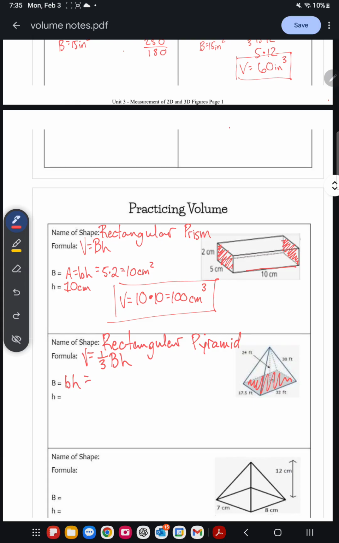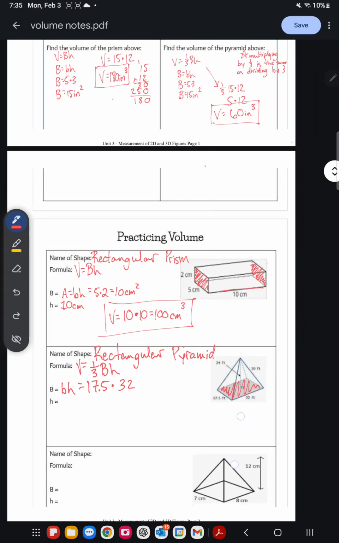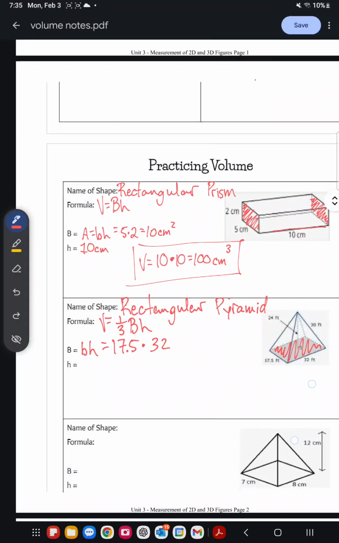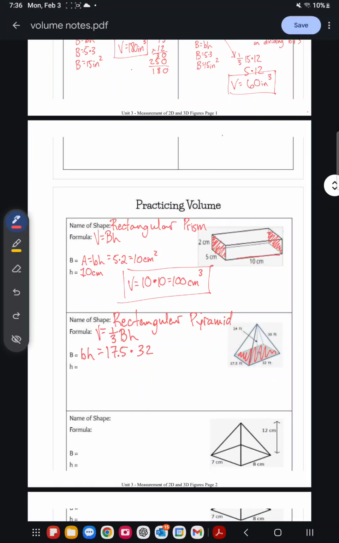Base times height, which is equal to 17.5 times 32. Lovely. So now we have to figure out what 17.5 times 32 is. All right, I guess we'll have to do that right here. 17.5 is going to go on top. 32 is going to go below.